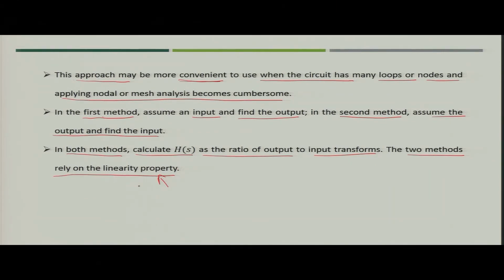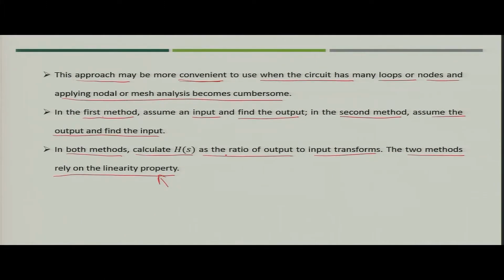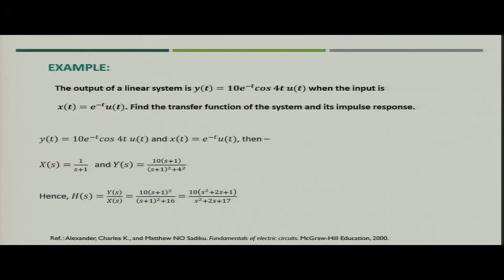So, a circuit which follows the linearity property can be used to find the transfer function using either the conventional method, where you analyze the circuit with various circuit analysis techniques, or the ladder method. Now, to understand finding the transfer function, let us take a few examples so that you can understand the concept more clearly.